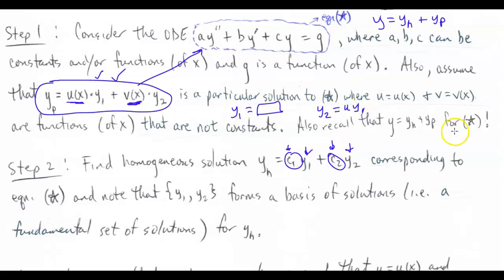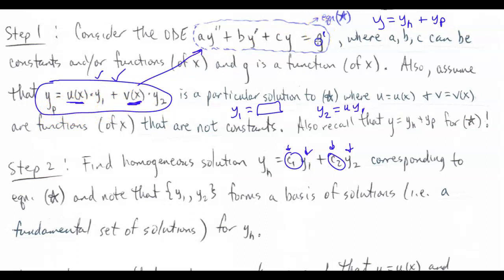Which is some function u, which we're just going to assume is a function of x, times the known solution here. And so what we're doing here is we're actually using what we know about our homogeneous solution, the corresponding homogeneous solution to this particular equation here, which is just basically this, where this is 0, okay?